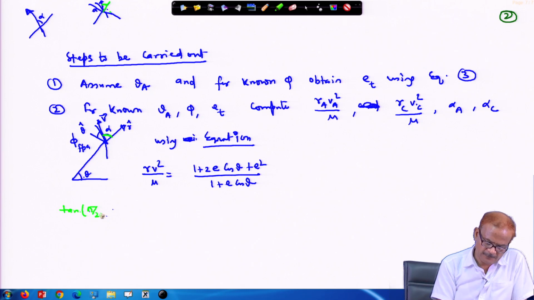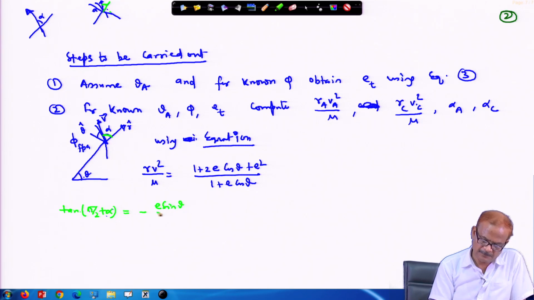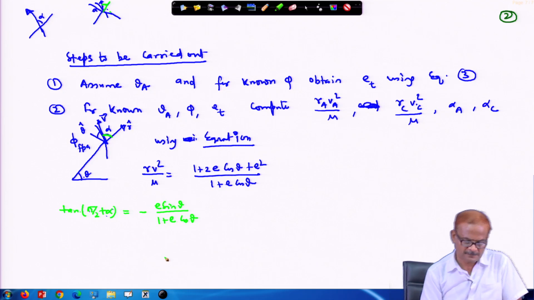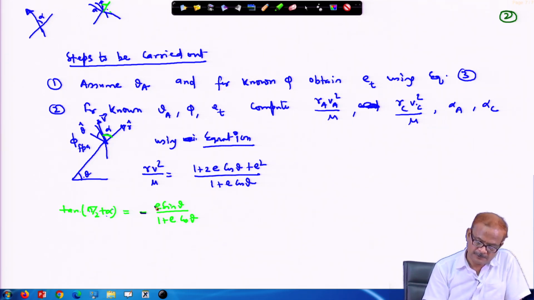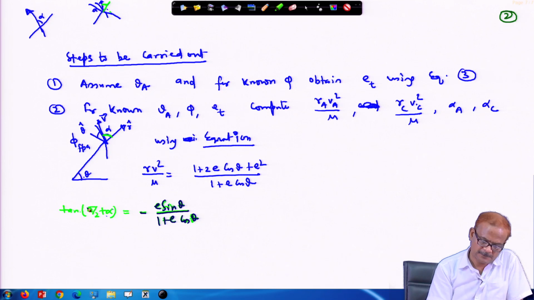So, tan phi by 2 plus alpha, this will be given by minus E sin theta. Look back into the equation we have derived, E cos theta minus E sin theta divided by 1 plus E cos theta by 2 plus.